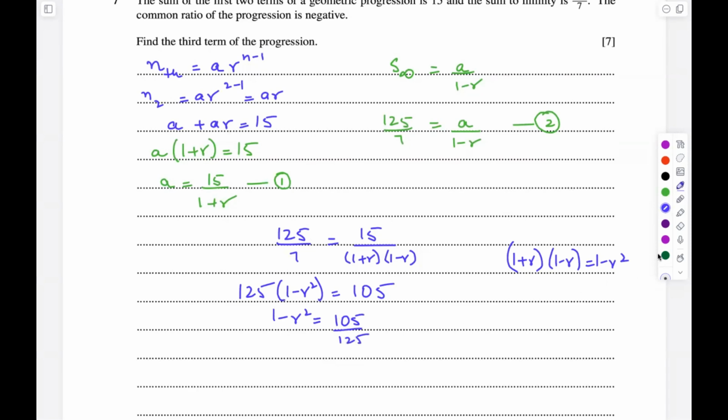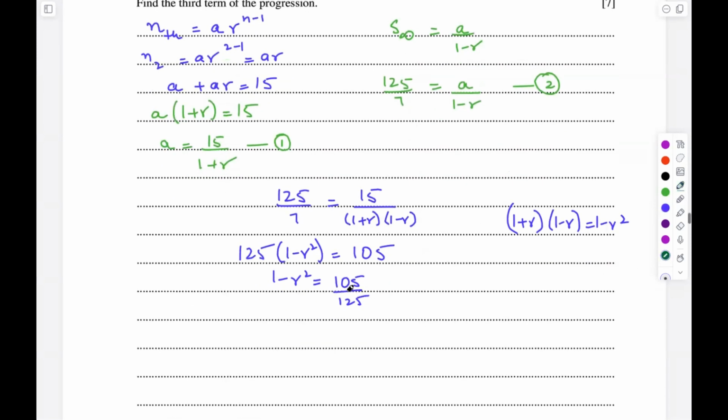Taking r squared to the right hand side, r squared equals 1 minus 105 upon 125. Taking the LCM, this becomes 125 minus 105, so 20 upon 125. Dividing by 5, this becomes 4 upon 25.